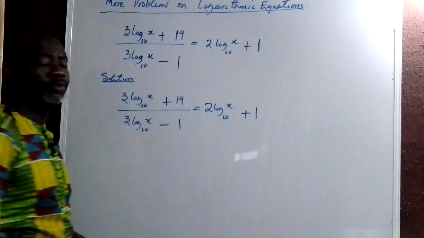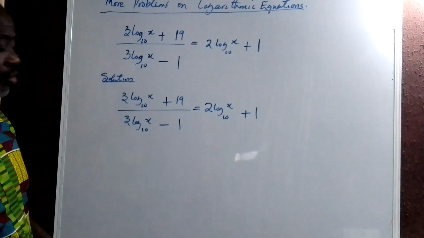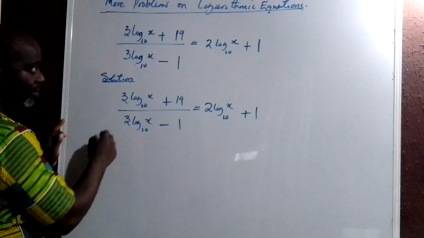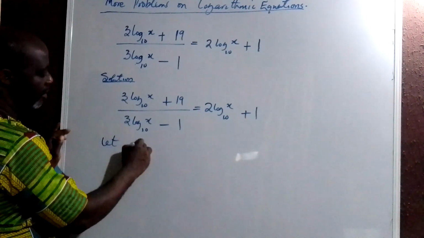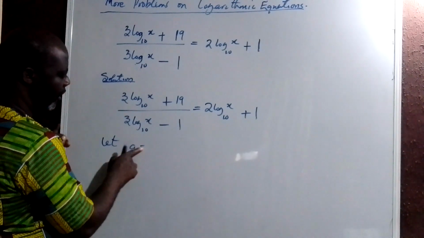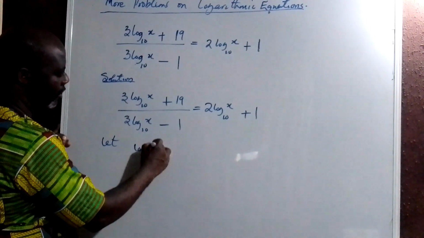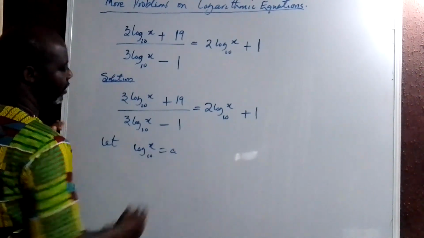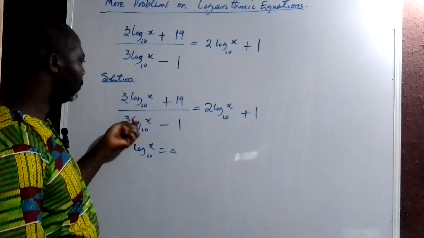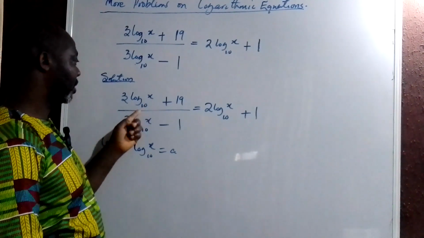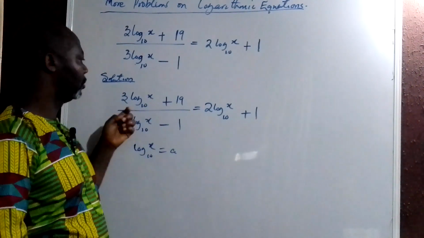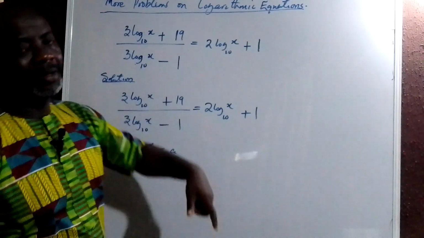So what we're going to do is to use a substitution. Let log x to base 10 equal to a. You can see that log x to base 10 is common to both the left hand side and the right hand side.